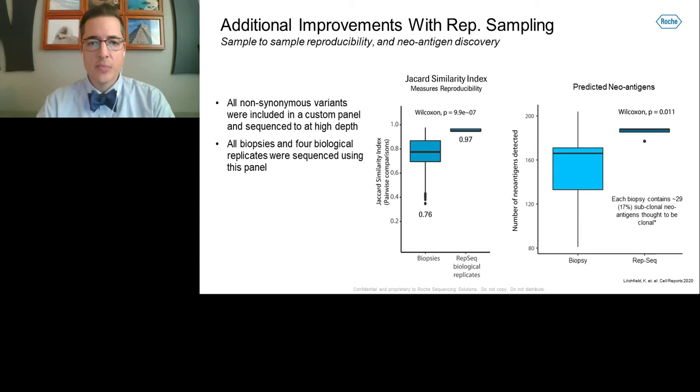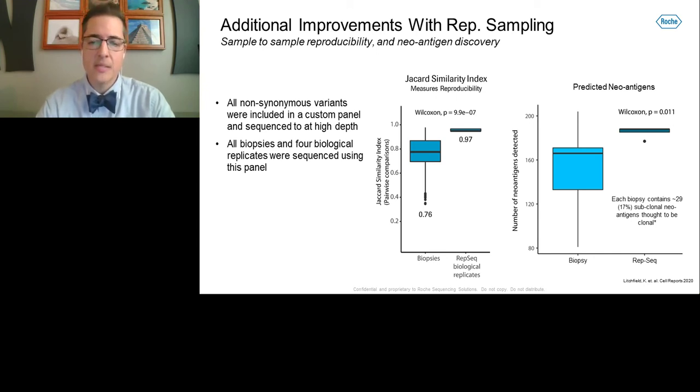Some additional benefits when you use this method of REP-Seq for this patient. What we did in the middle box is we looked at, of those 60 individual biopsies, what was the reproducibility of the variant calls? And as you can see, the reproducibility is around 76% for any single biopsy.